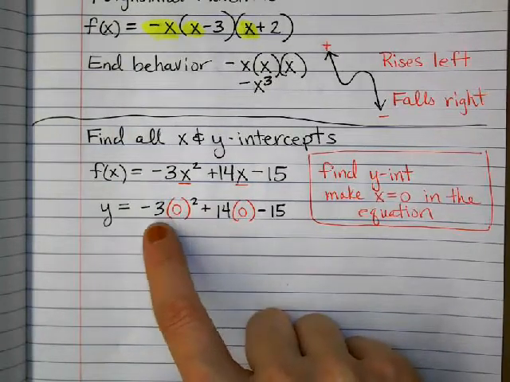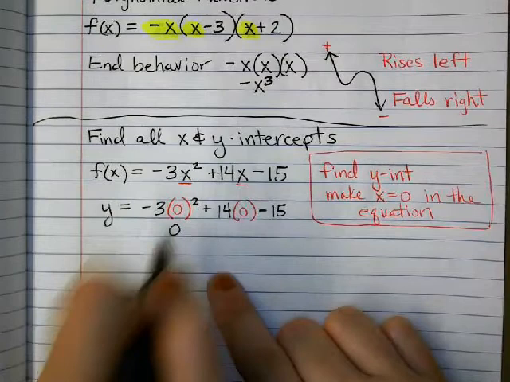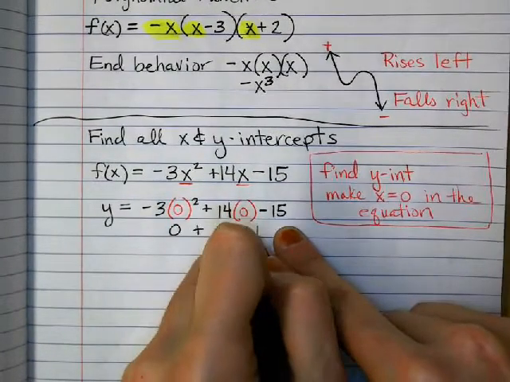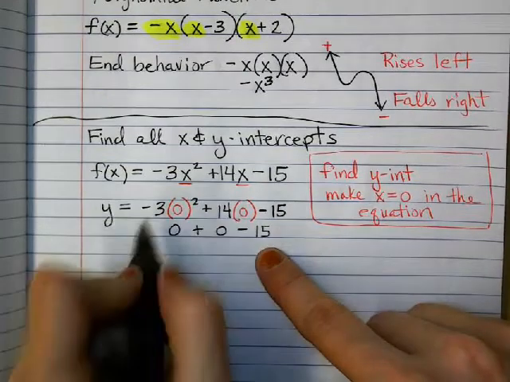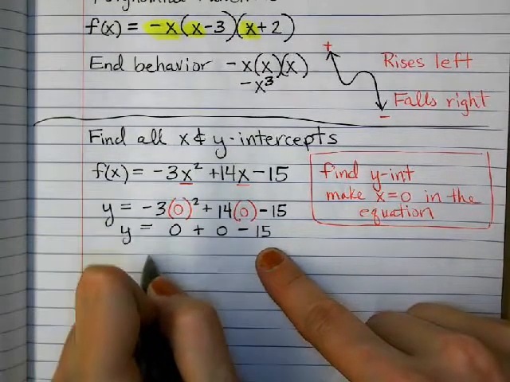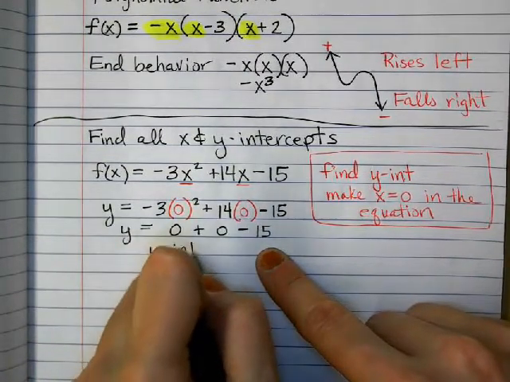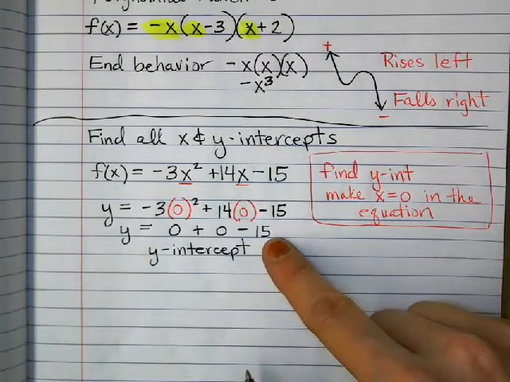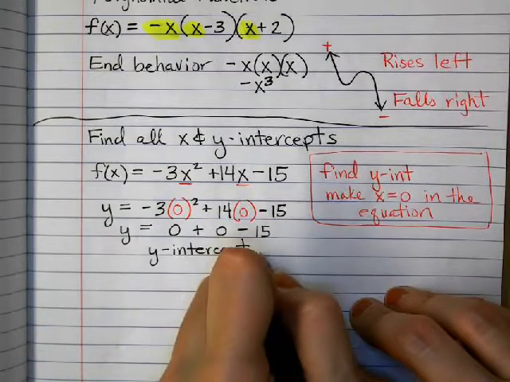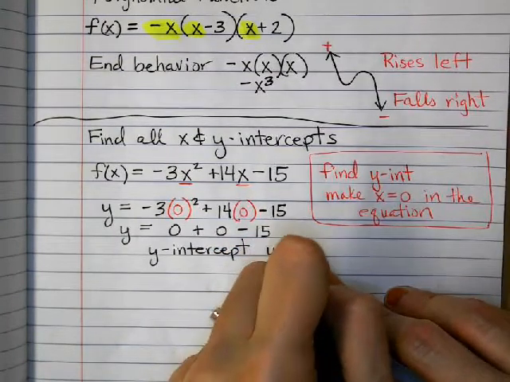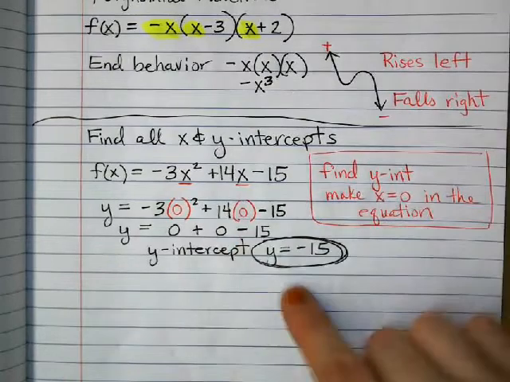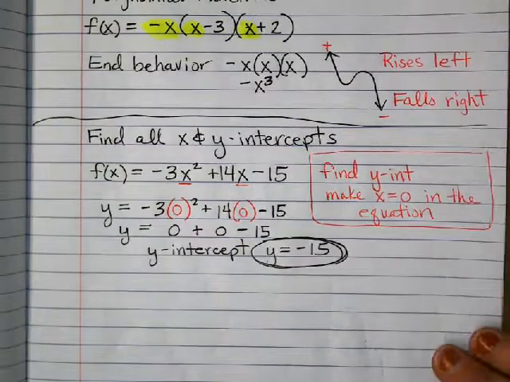Yeah, that's 0. Good job. I heard somebody say it. And then here's 14 times 0. That's 0. So what do you get if you add all this up? What do you get for the y-intercept? What's 0 plus 0 minus 15? It's negative 15. That's the y-intercept. That's our first thing. That's how you find a y-intercept.